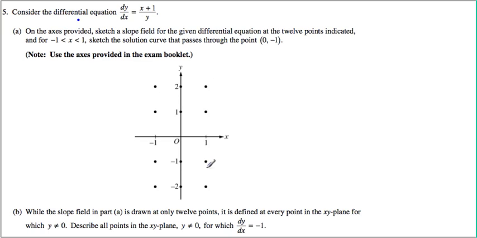We have 6 points here, 6 points here. And when y equals 0, obviously it's not defined in this way. Now when x equals -1, we notice that the numerator becomes 0. So when x equals -1, we end up getting a horizontal line segment.